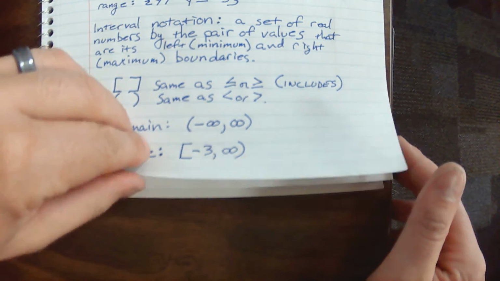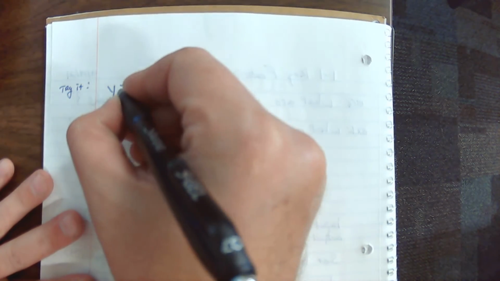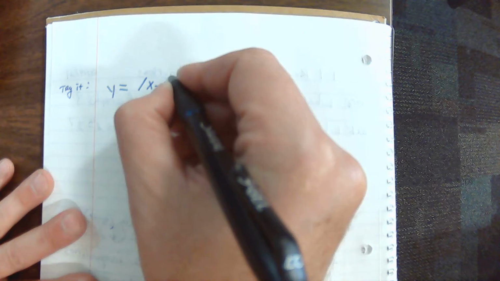All right, let's try one of those on your own. Or actually, you can work with your table mates on this to see if you understand it. So this is a try it. If we had workbooks, I would give you a workbook, but we don't. So y equals the absolute value of x minus 4.